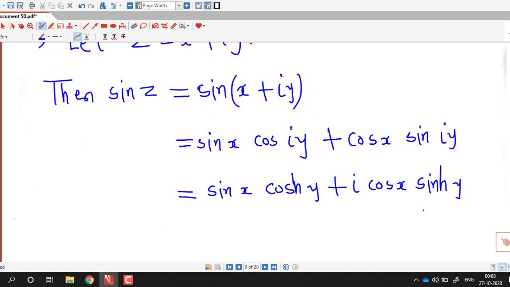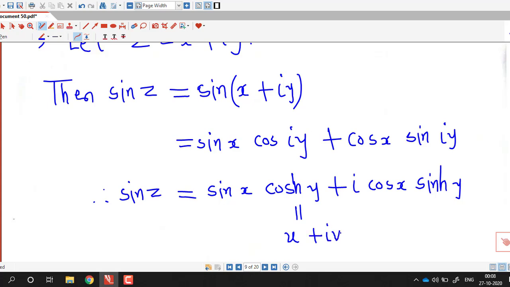Now to prove that sin z is analytic everywhere, first we have to check differentiability of sin z. This sin z is written in terms of u plus iv. For differentiability we will use the Cauchy-Riemann equations.